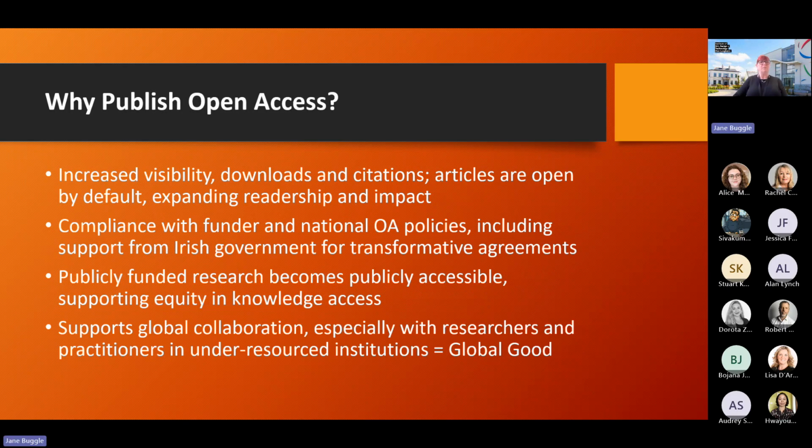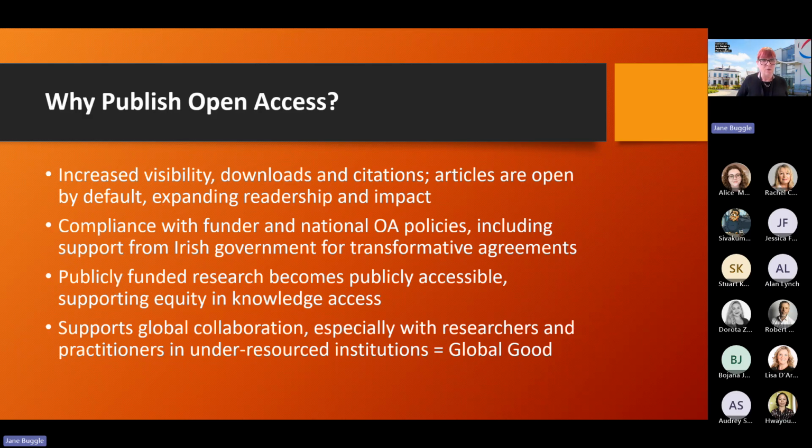So why would you choose to publish OA? It's really important to increase the visibility, the downloads and citations for your research. Articles are open by default, so they're available to a much greater readership, and therefore the impact can be greater. It's compliant with funder and national OA policies. In Ireland, the Irish government have stated that they have a target of 100% open access to government-funded research by 2030.